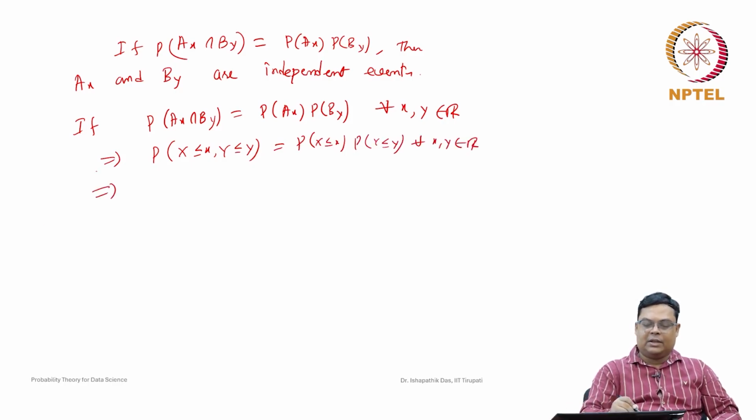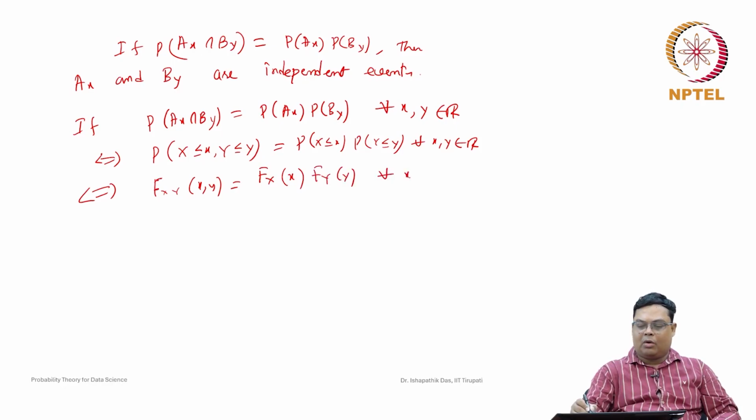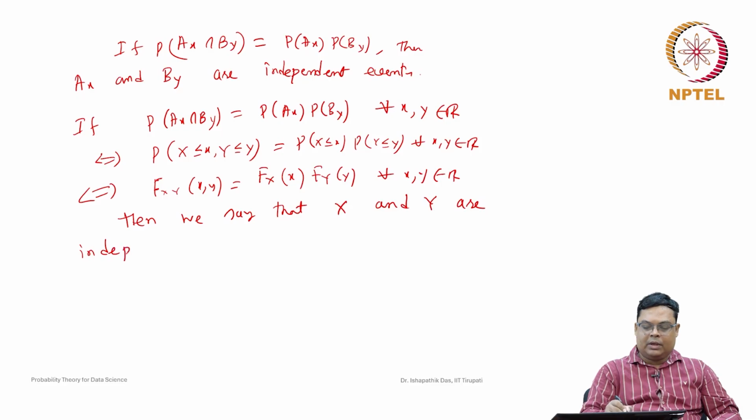If this happens, we can write this as equivalent to saying that F_XY(x,y) is nothing but F_X(x) times F_Y(y). These are called marginal cumulative distribution functions, because here we are considering a bivariate random variable and each is a component of this bivariate random variable, for all x, y belonging to R. If it satisfies this relationship, F_XY(x,y) equals F_X(x) F_Y(y) for all x, y belonging to the real numbers, then we say that X and Y are independent random variables.